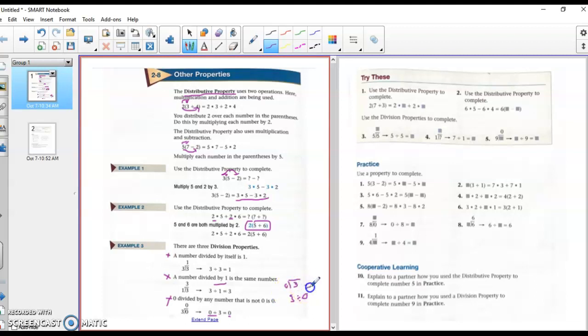This is something called undefined, and I'm just going to put a U here because I don't have enough space to write the word undefined. But if you put this in your calculator, 3 divided by 0, you would get an error, and that's because you can't do this problem. But you can do 0 divided by any number, and it's going to give you 0.